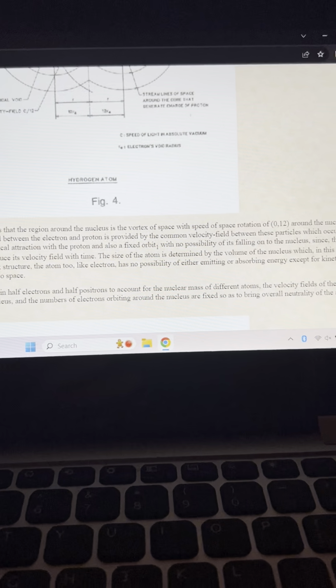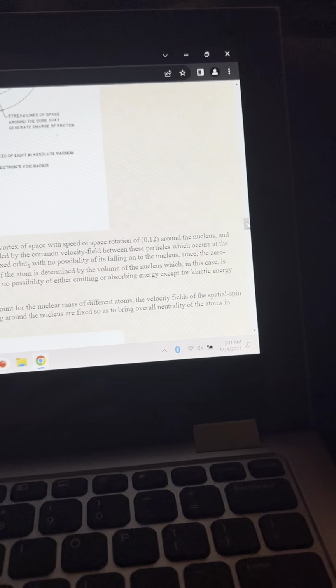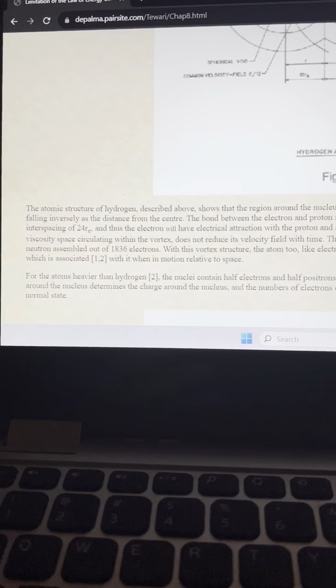The bond between the electron and proton is provided by the common velocity field between these particles, which occurs at the inner spacing of 24 RE, and thus the electron will have electrical attraction with the proton and also a fixed orbit, with no possibility of its falling onto the nucleus, since the zero viscosity space circulating within the vortex does not reduce its velocity field with time.